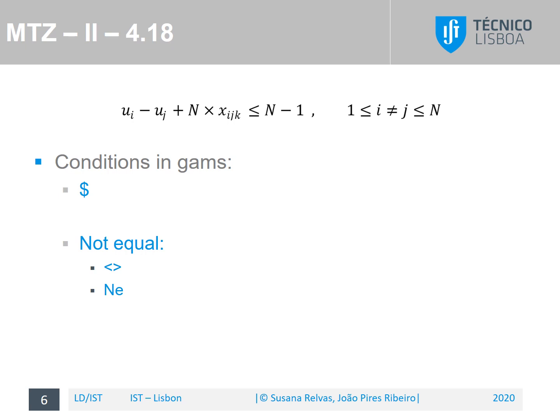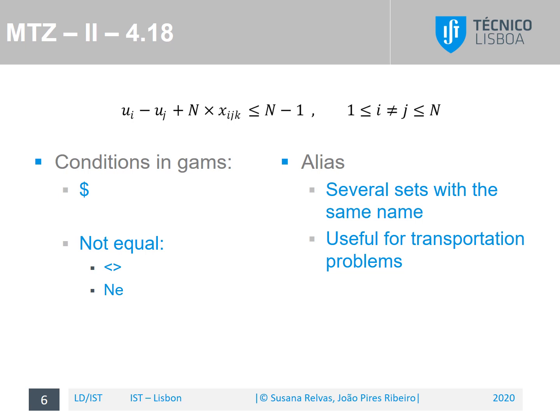One function that we will often use is the alias. This allows for the creation of several sets identical between them. In this case, i and j are locations from the same set, so we will say that i and j are alias.